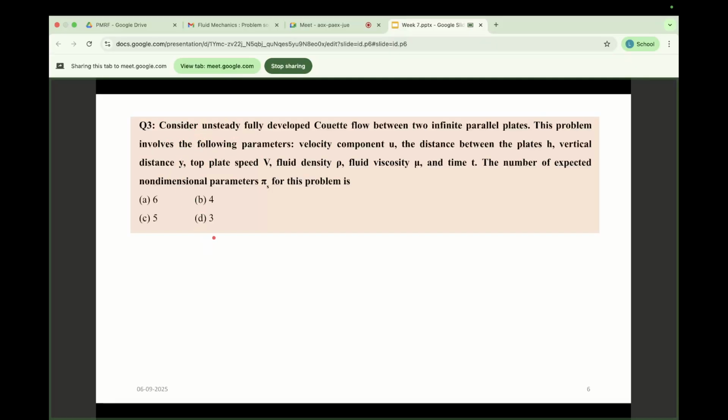The terms given are u, h, y, v, rho, t, mu. We already have the primary dimensions. As the question says, 4 pi should be there, and these 4 pi should be combinations of all these things.